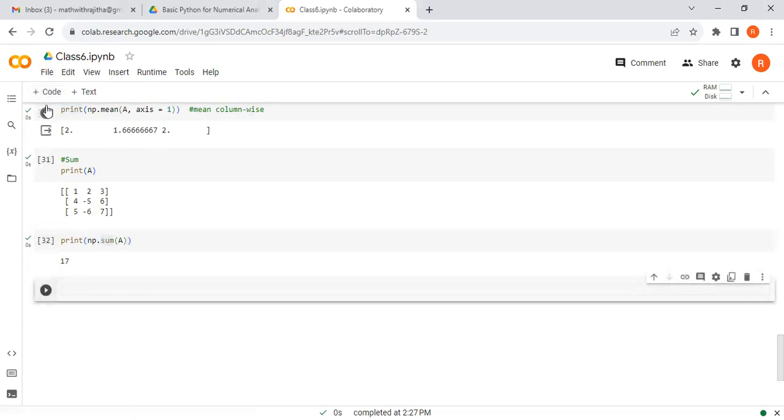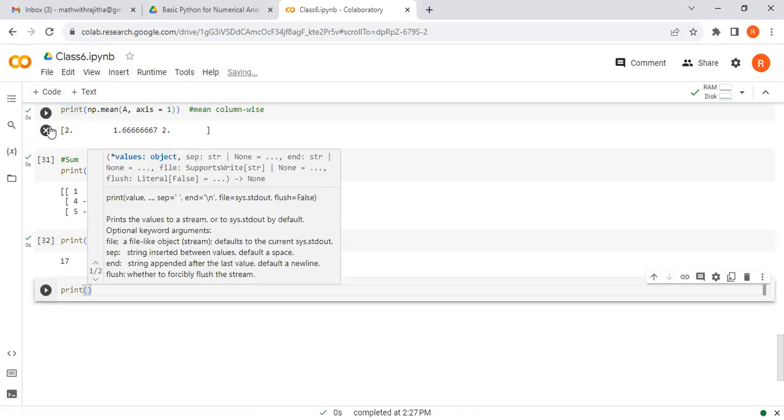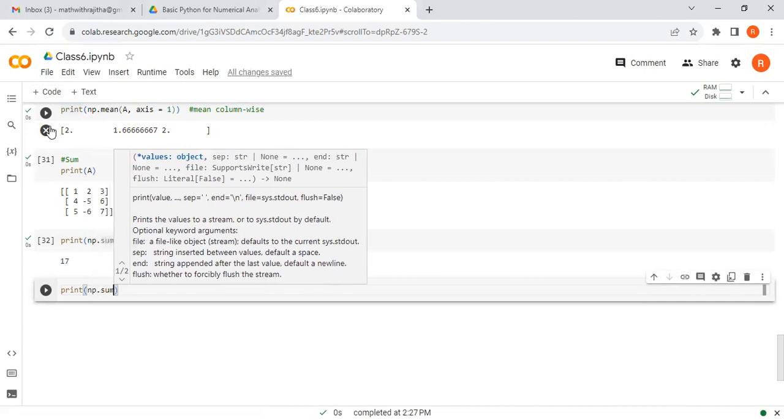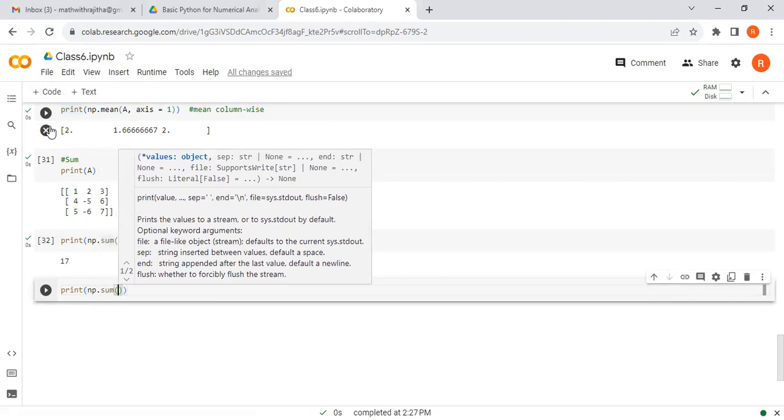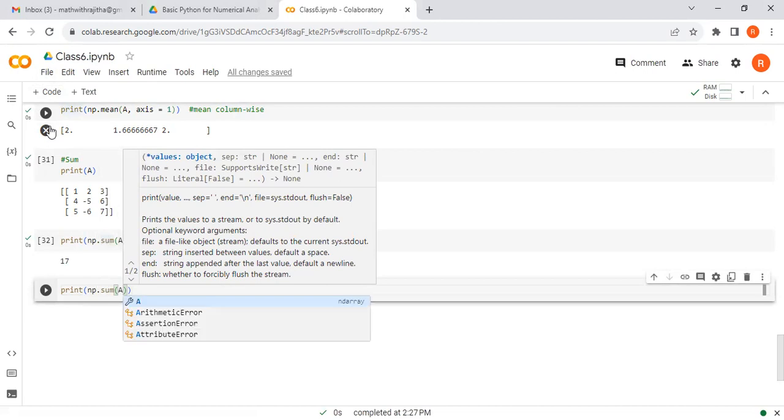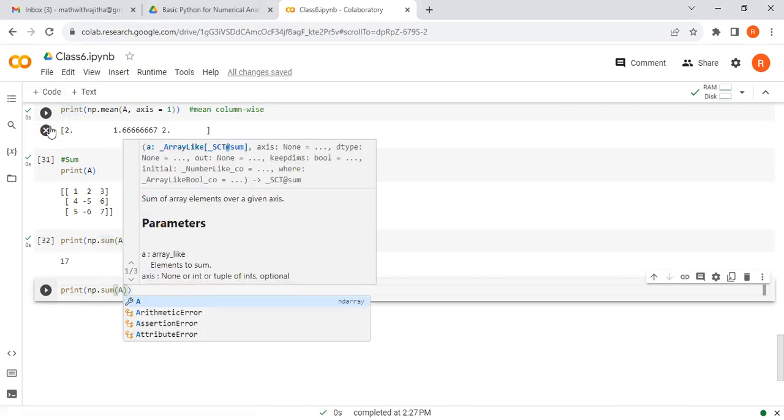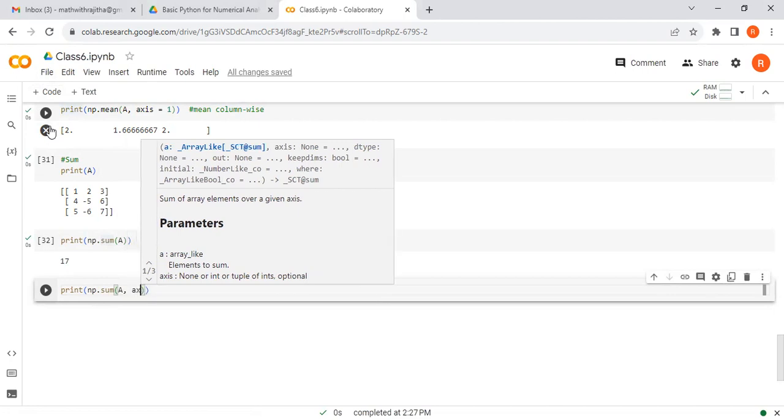Next one. Print np.sum of A, axis equals 0.